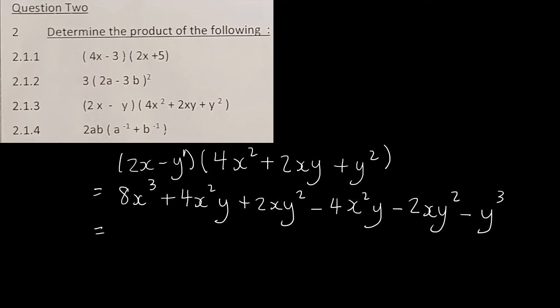We see that plus 4x squared y is the same as minus 4x squared y. That will cancel out because one is a plus, one is a minus. Likewise with the 2xy squared, those two will cancel off, a plus and a minus. So all I'm left with is 8x cubed minus y cubed.